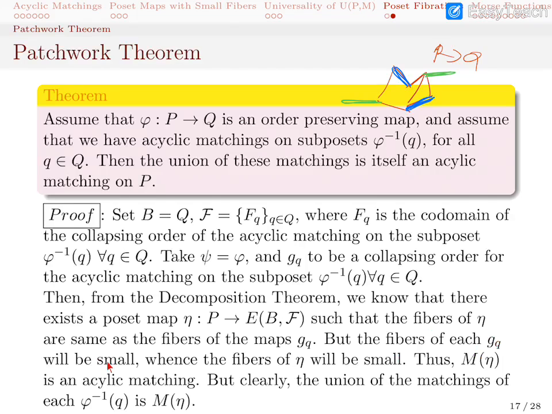Each of these fibers will be small, because these are acyclic matchings, and therefore the fibers of eta will also be small. But then M of eta, the matching associated to eta, is an acyclic matching, because that's the theorem we just saw earlier. And clearly the union of these matchings on phi inverse Q is nothing but M of eta. So that proves the patchwork theorem.